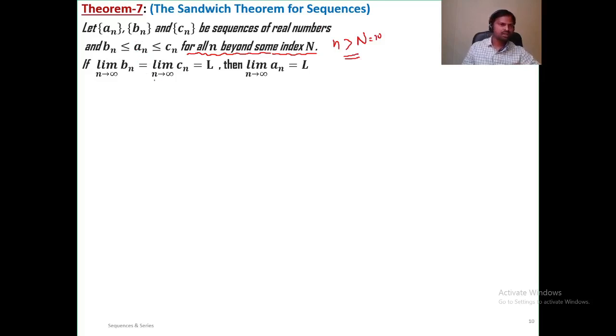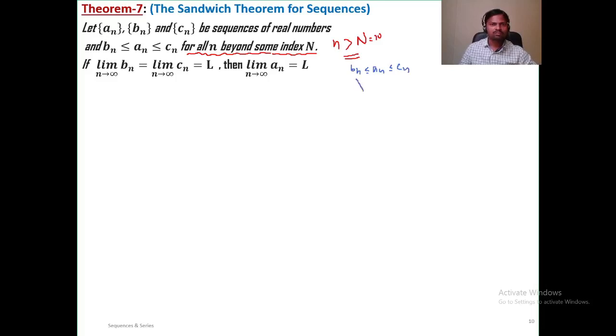Then what is the condition? If the limit as n tends to infinity of Bn and the limit as n tends to infinity of Cn both converge to L, that means the upper and lower bounds, Bn being the lower bound and Cn the upper bound, both converge to L, then the middle one An also converges to L. So Bn is less than or equal to An, which is less than or equal to Cn.